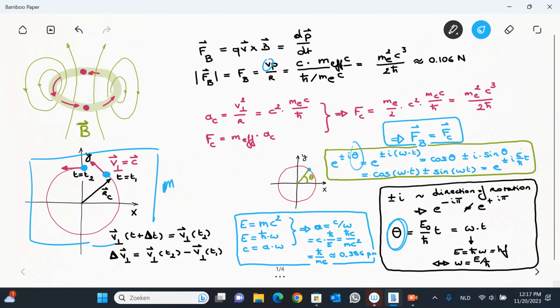The other thing I want to bring home is that we have this phase in the wave function representation of our electron. I'm going really fast here, but you can show that it's a frequency times t, and Euler's equation again tells us that this frequency needs to be the energy divided by Planck's quantum of action.